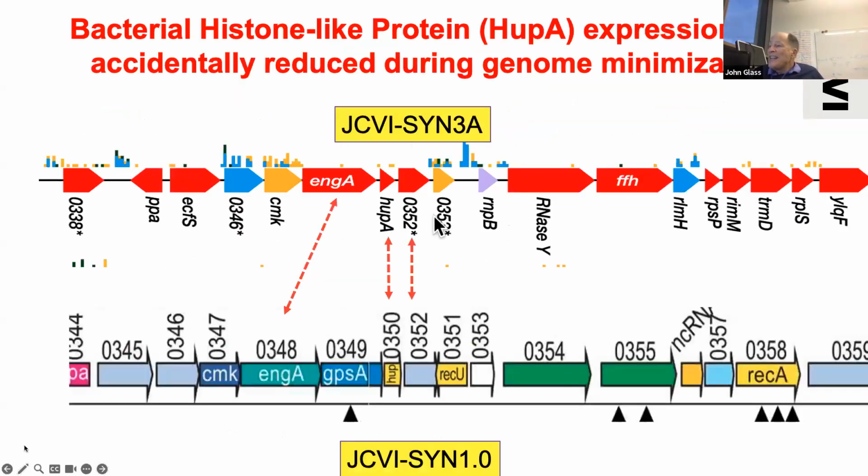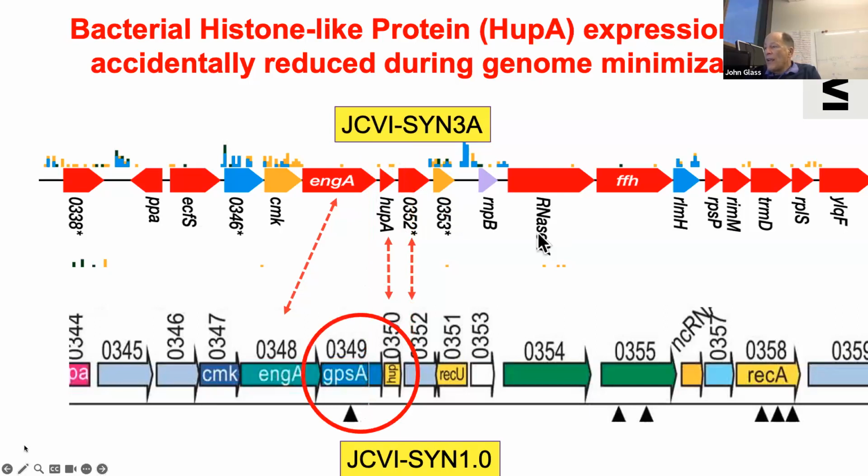Now, what you can see here, if this is the HuPA gene, this gene in Syn3.0, GPSA, is not essential. So we took that out to make Syn3.0. That gene's gone. And we think that in doing so, we messed up the expression of HuPA.